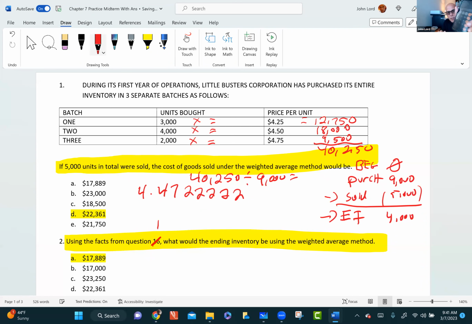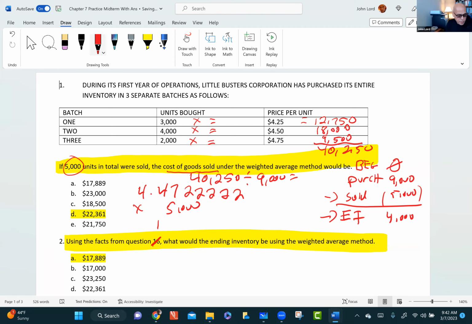Now I'm going to leave that irrational number in my calculator. And if I want to know the cost of goods sold, and they sold 5,000 units, I simply take that number and multiply it by 5,000.